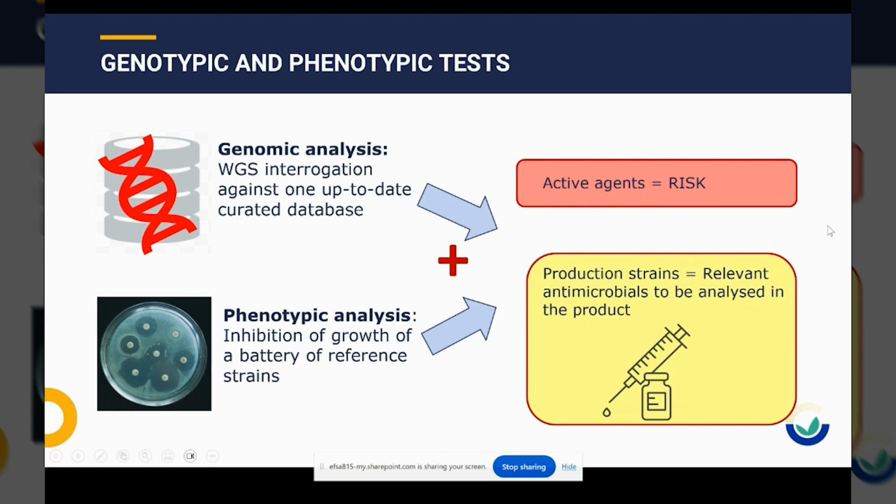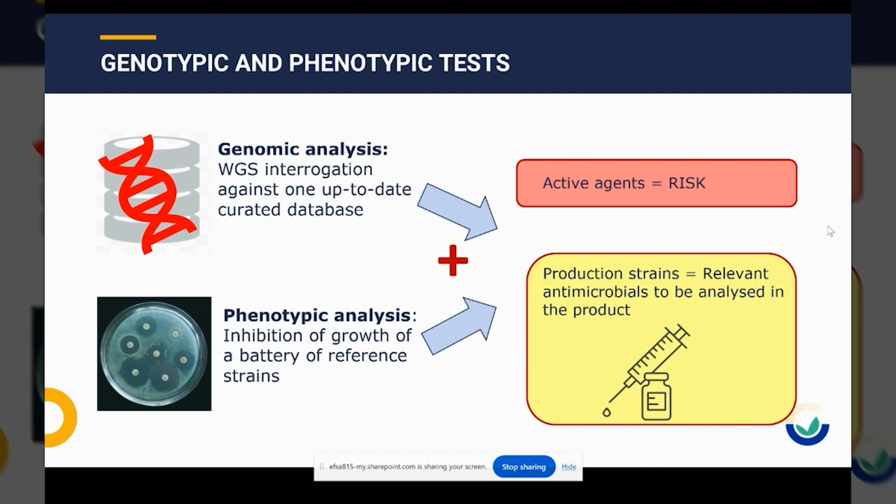The phenotypic test consists of challenge tests of supernatants of the strains, or in the case of production strains, it can also be done with the final product, against a battery of reference strains to test whether the supernatant or other substance can inhibit growth of any of those strains. The results must be provided strain by strain. The battery consists of a minimum of 5 reference strains, which are sensitive to most antimicrobials.